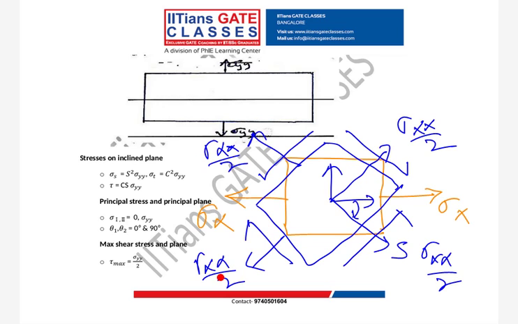If you rotate the previous one by 90 degrees in the clockwise direction, you will end up with this. Now if you rotate this by 90 degrees in the counterclockwise direction, you will get the previous one. Clear?